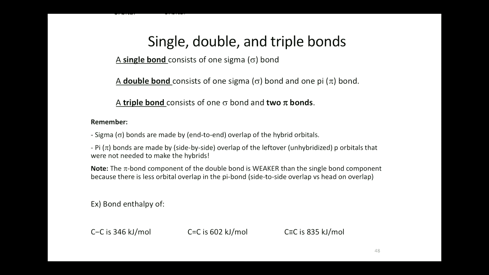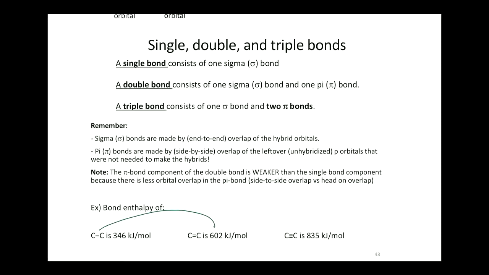It doesn't quite double. When we actually measure it, we don't see an exact doubling from a single to a double bond, because when we go from a single to a double bond, we're adding a pi interaction, not another strong sigma interaction. We're adding a weaker component. That's why we don't see a true doubling effect.